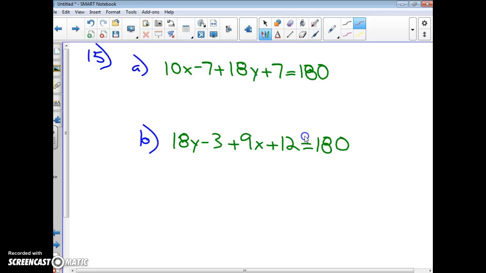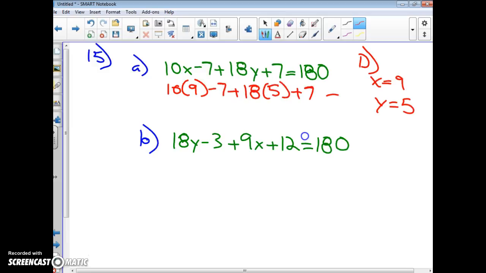If you keep plugging in, you find out that it's D. D says that my x is 9 and my y is 5. So I would plug in my x of 9 minus 7 plus 18 times 5 plus 7. And the question is, does it equal 180?